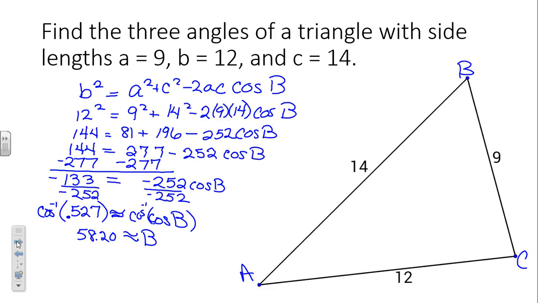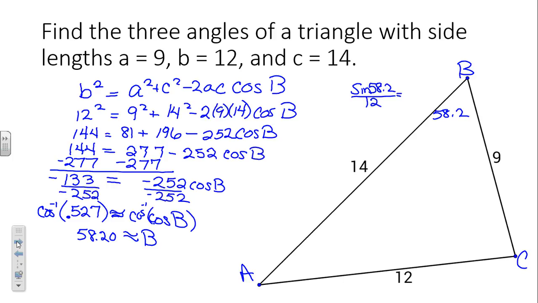Good news is we did all the heavy lifting. We don't have to use the law of cosines again. If you want lots of practice on it, you could do it again. But now that we have 58.2 here, what can we use? Law of sines, absolutely. So sine of 58.2 over 12.